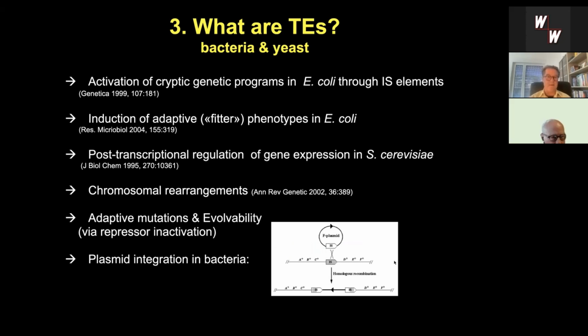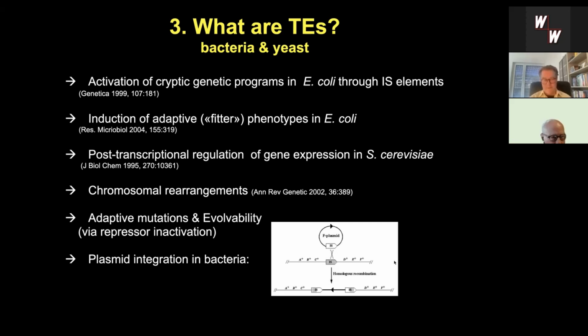Well, what are TEs? What are they good at? I already told you that they are very good at inducing variation. And this has been shown over and over the years. In the late 1990s, it was already clear that these transposons can activate cryptic genetic programs in bacteria, that they could induce fitter phenotypes in E. coli, and that they regulate gene expression in yeast.